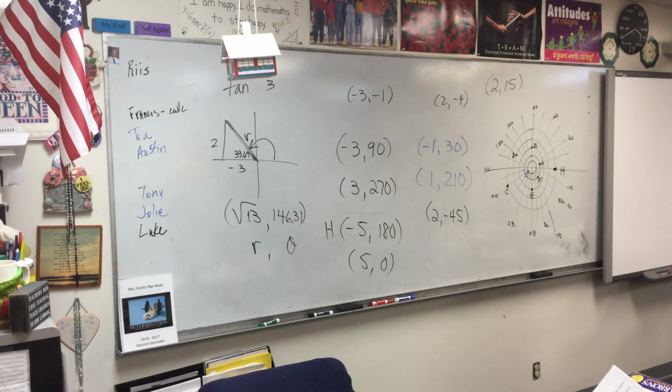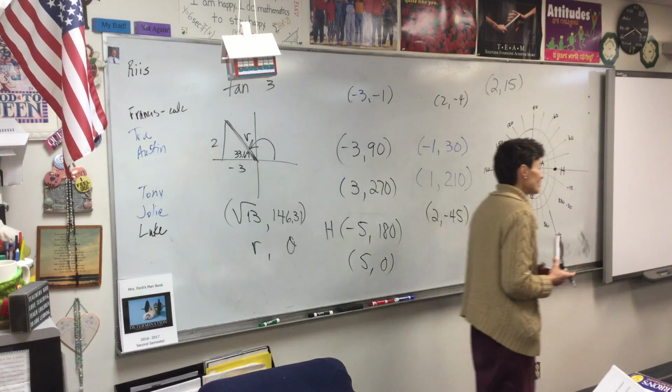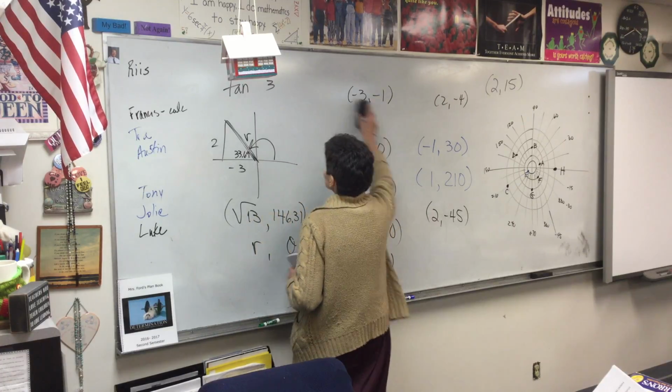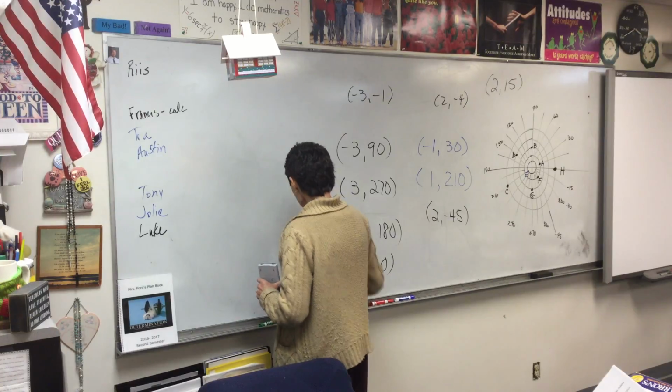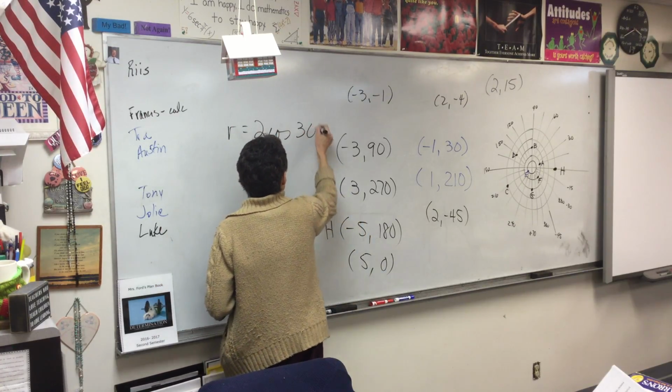Can you tell how long those leaves are? Can you tell from the picture? You should be able to tell. How long are they? 2. The leaves are 2 units long. When I look at my equation, kids, r equals 2 cosine 3 theta.